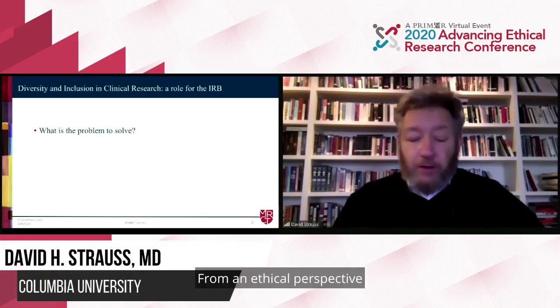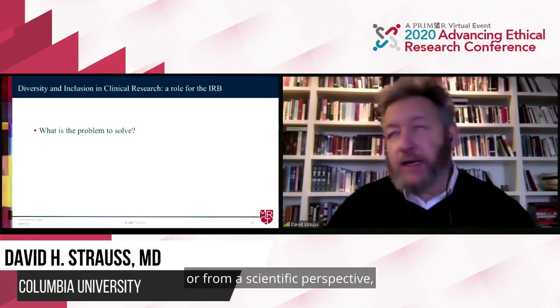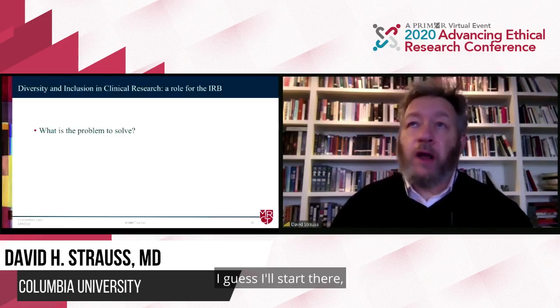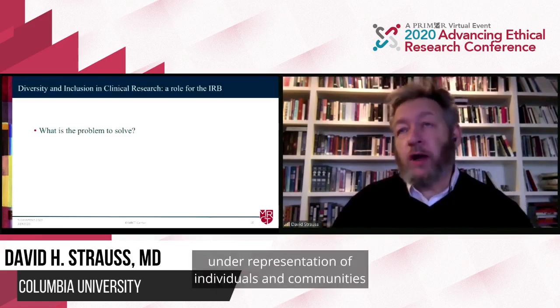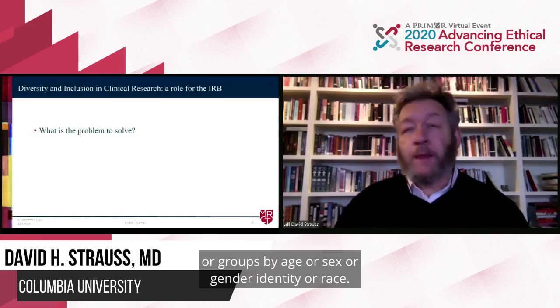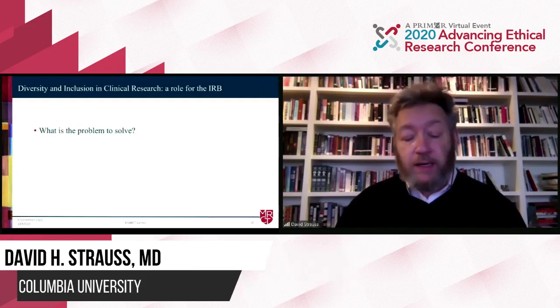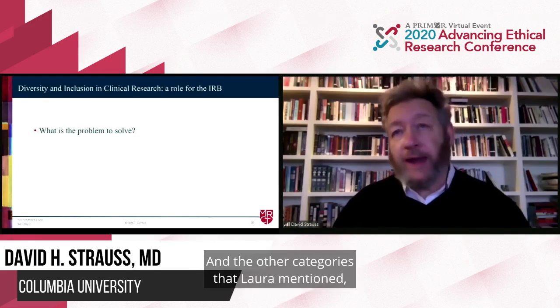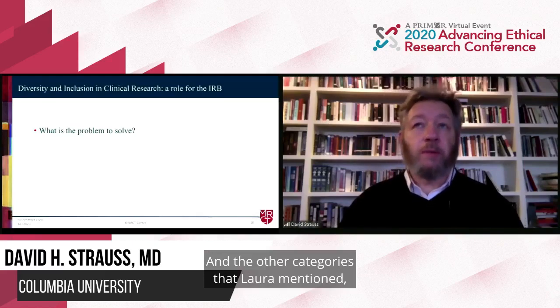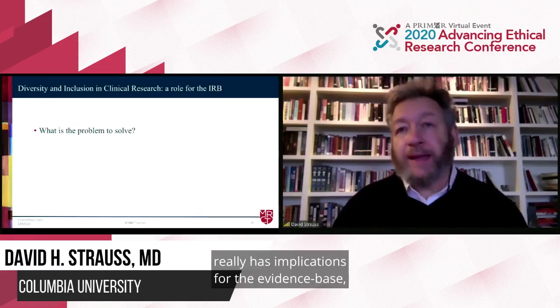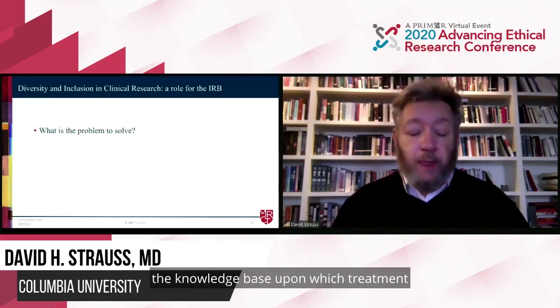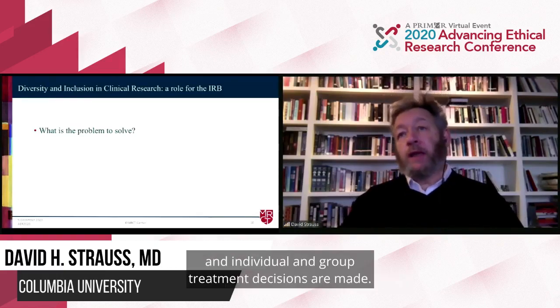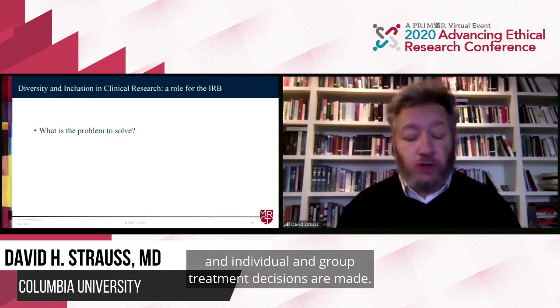From a scientific perspective, I'll start there, underrepresentation of individuals and communities or groups by age or sex or gender identity or race and the other categories that Laura mentioned really has implications for the evidence base, the knowledge base upon which treatment and individual and group treatment decisions are made.